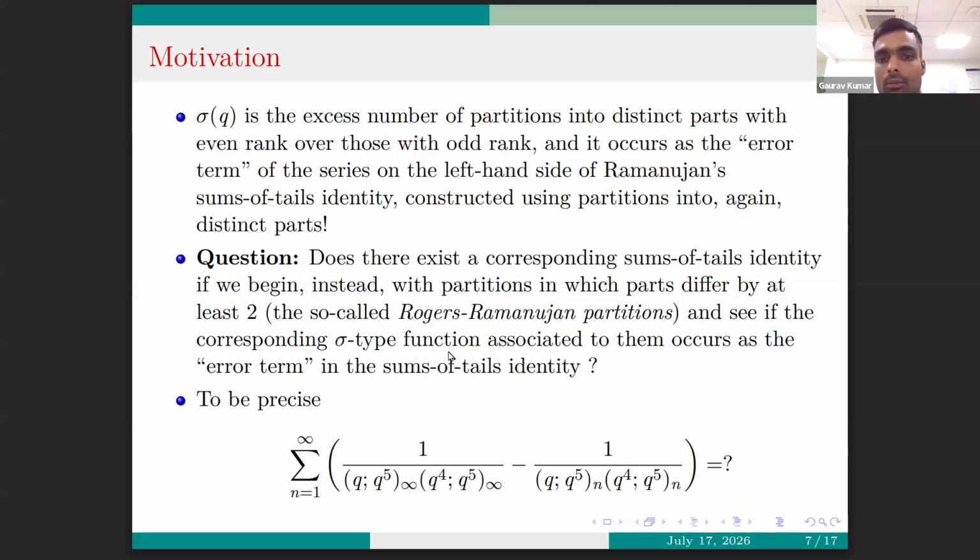So we tried for Rogers Ramanujan partitions to see if there is a corresponding sigma type function associated, and we can get it as an error term in the sums of tails identity. To be precise, we try to obtain an expression of this kind of sums of tails identity, where this product is the Rogers Ramanujan identities product on the right hand side.